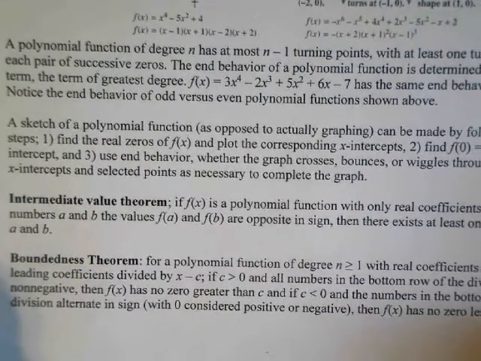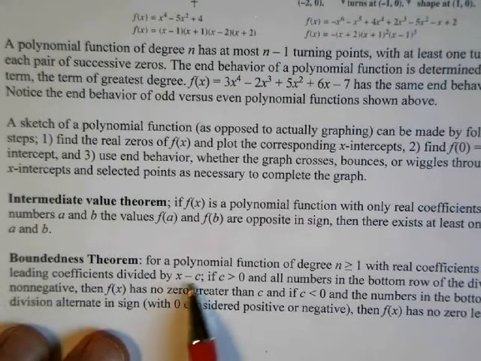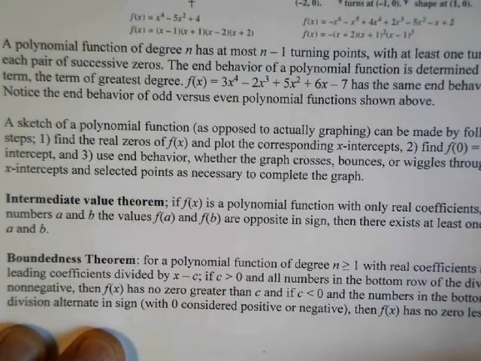And then the boundedness theorem says for a polynomial function of degree greater than or equal to 1, with real coefficients and a positive leading coefficient, dividing by x minus c, if c is greater than 0 and all numbers in the bottom row of the division are non-negative, then f of x has no zero greater than c.